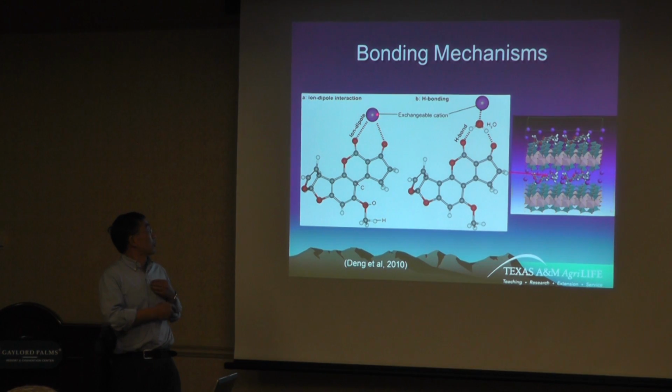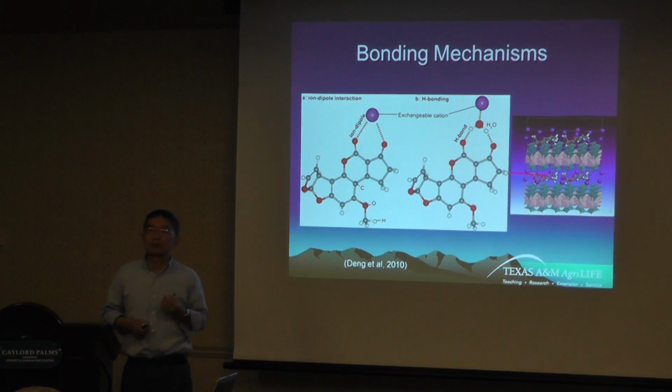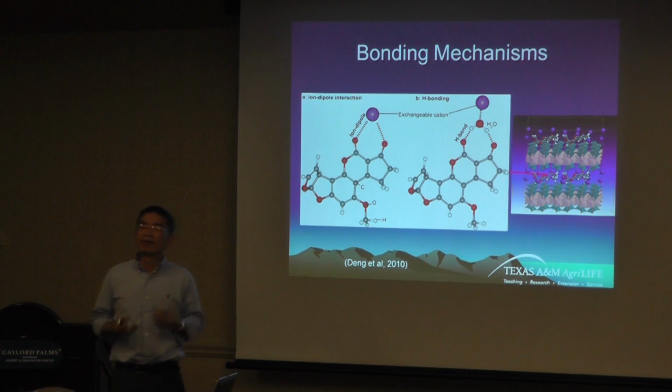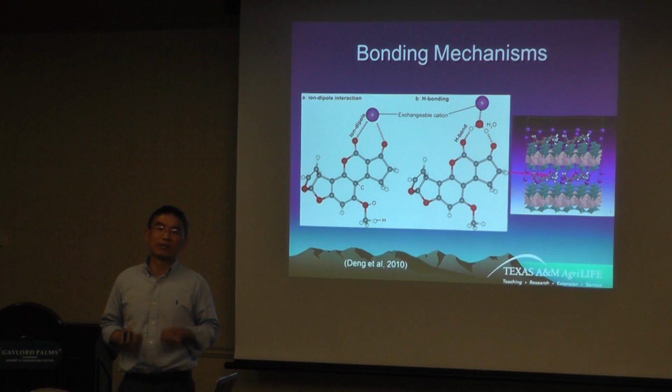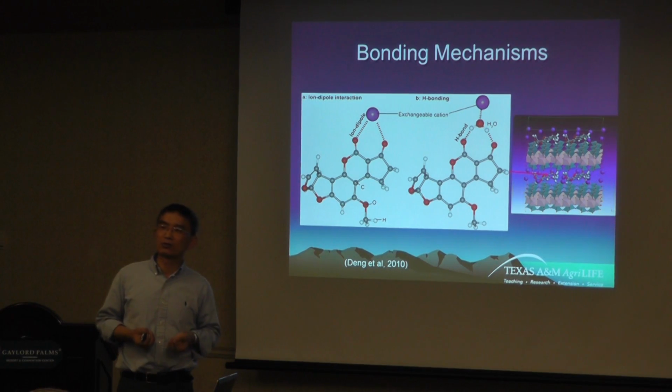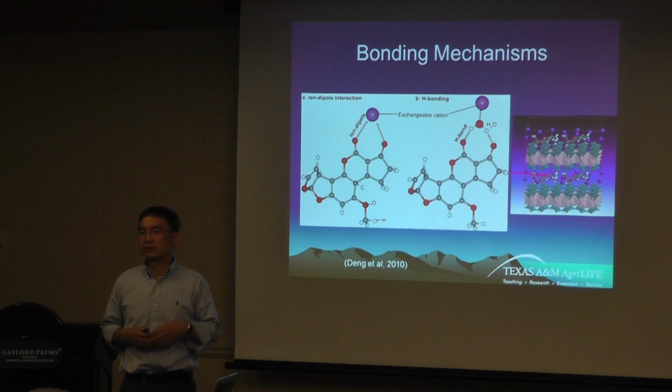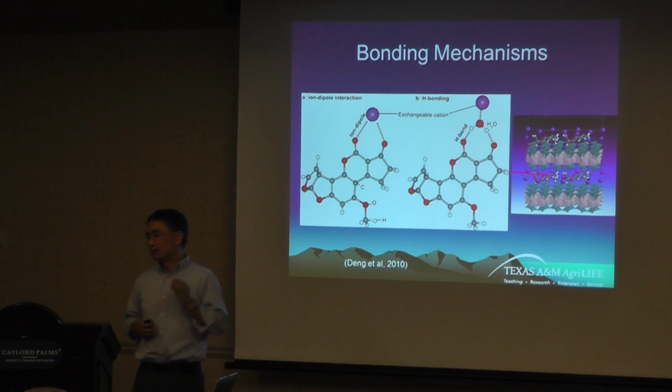If there's a strong interaction between those exchange cations and those aflatoxin molecules, the bonding will be very strong, so you will not be able to desorb the aflatoxin. Actually, we have some experimental data to support that more than 99.5% of adsorbed aflatoxin cannot be washed out by just washing with water. So it's very stable. Basically, it's irreversible adsorption.